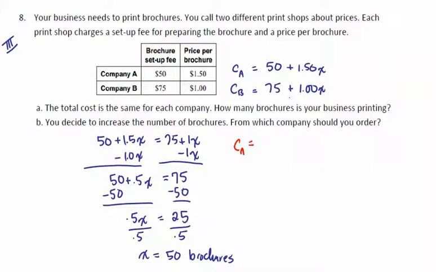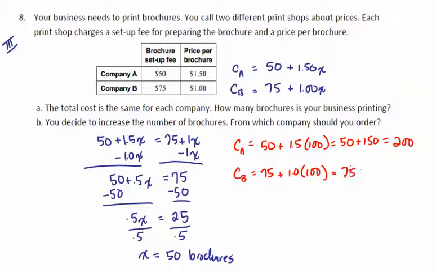So 50 plus 1.5 times 100, and that would give us 50 plus 150, or $200 when we're printing 100 brochures from Company A. Company B would be 75 plus $1 times 100, and so that would be 75 plus 100, or $175.